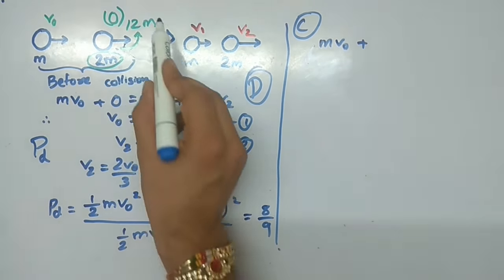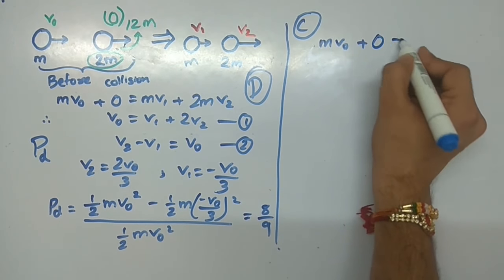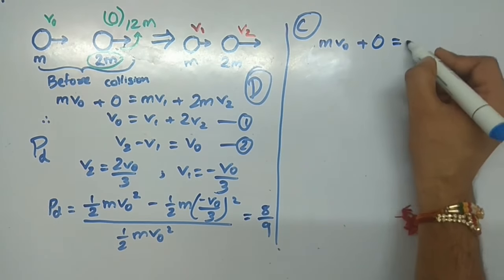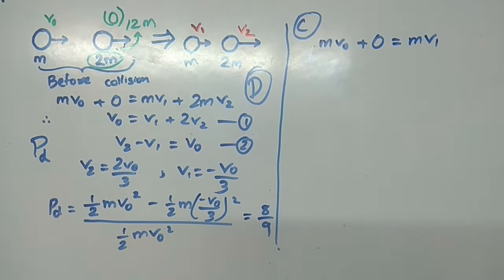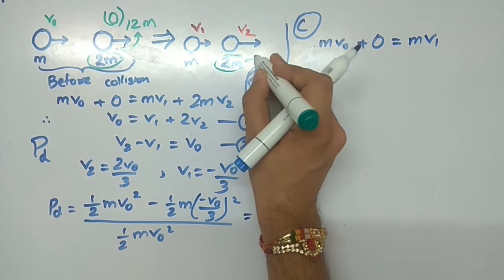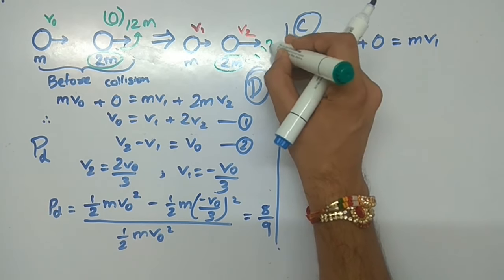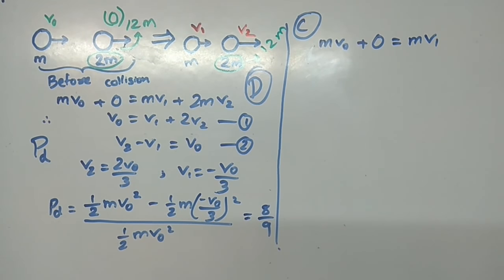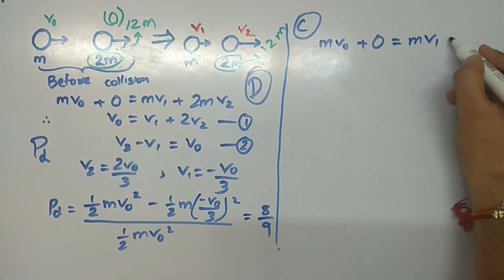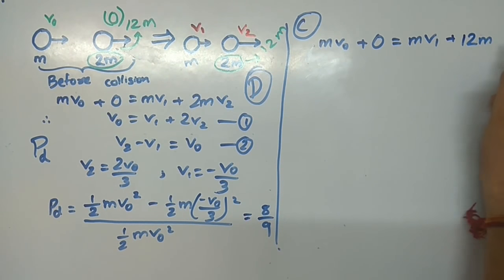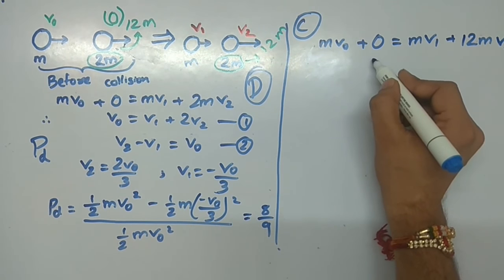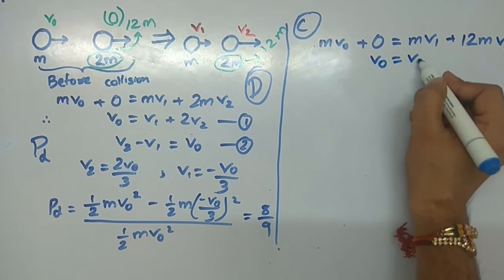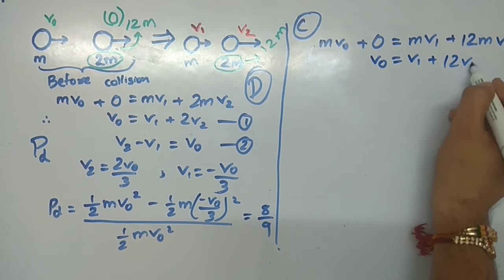So mv0 plus 12m into 0, which will be 0. Then mv1, again this mass will change to 12m, because now we are using a carbon nucleus. So plus 12m v2, m cancelled. The equation we are left with is v0 equal to v1 plus 12 v2.